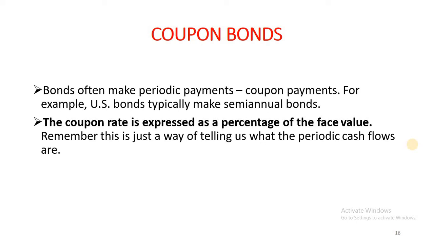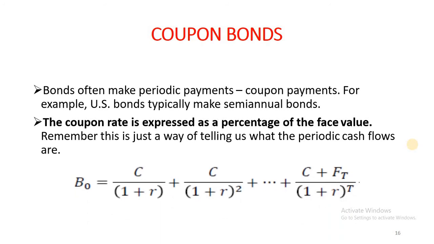Coupon simply indicates the cash flows of the bond. To find out the value of a coupon bond, we can use this formula over here. C represents coupon payments, R is the required rate of return, and FT indicates face value of the bond.